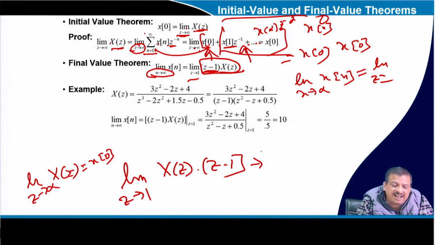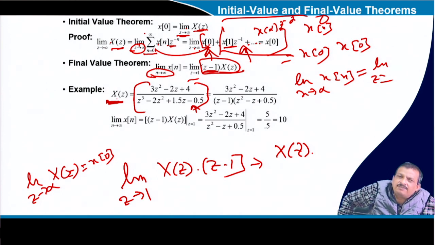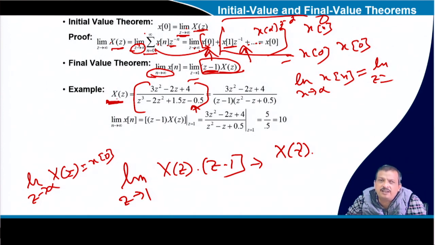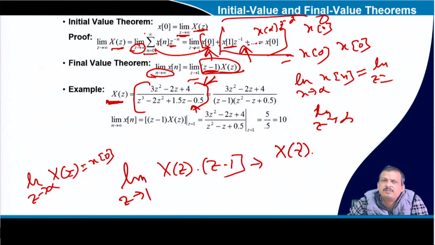Let us take an example where X(z) is equal to this one. I know X(z). So, what are the initial value and final value of the signal x[n], which is represented in the z domain by X(z)? For the initial value, I have to take the limit z tends to infinity and evaluate this function.